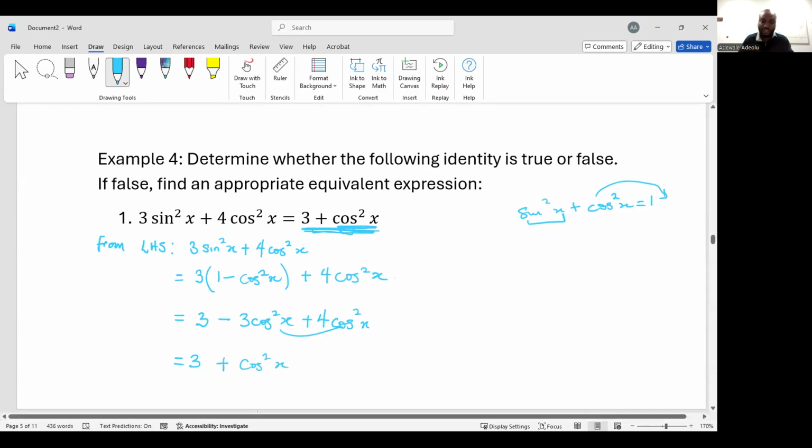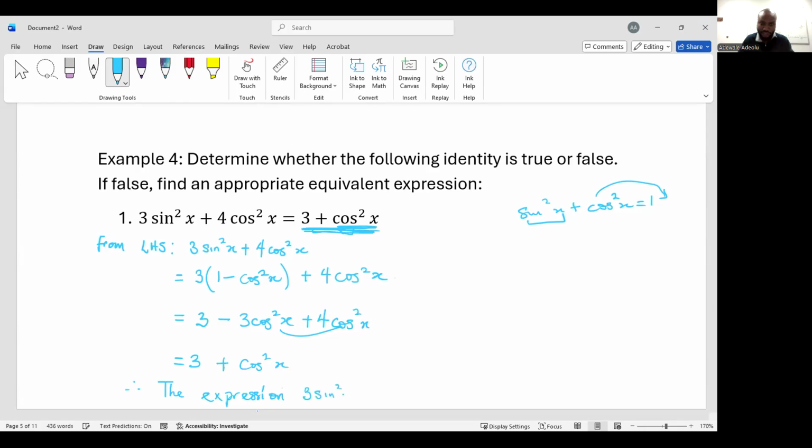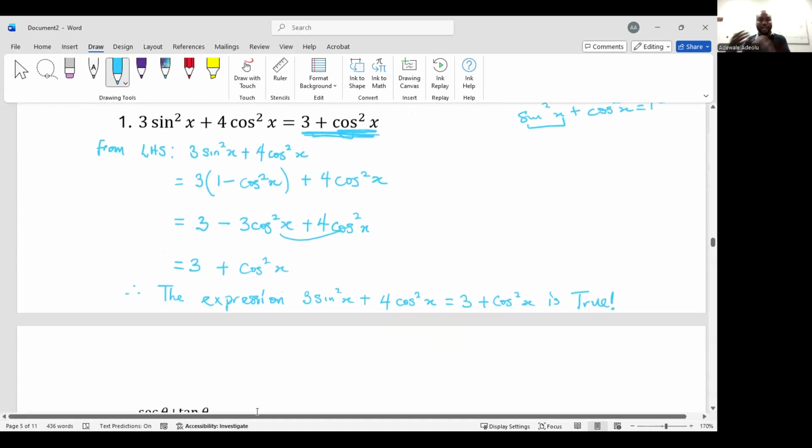Therefore, the expression 3 sine squared x plus 4 cosine squared of x equals 3 plus cosine squared of x is true. It is true because I was able to get that right-hand side or that other side.